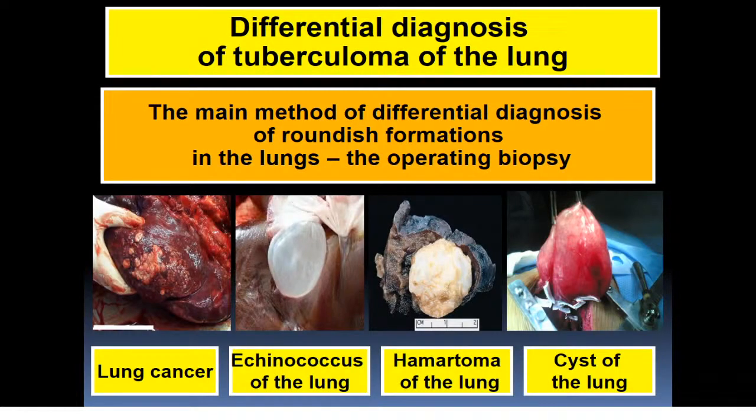The main method of differential diagnosis of roundish formations in the lungs is the operating biopsy. Better to do an operation and investigation of post-operating material for biopsy and histological investigation.